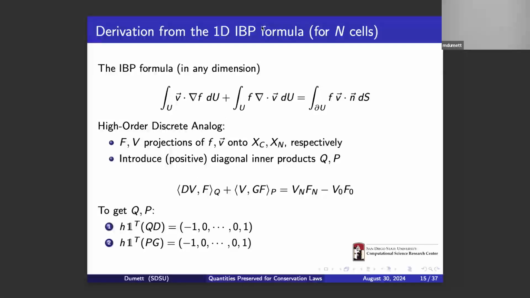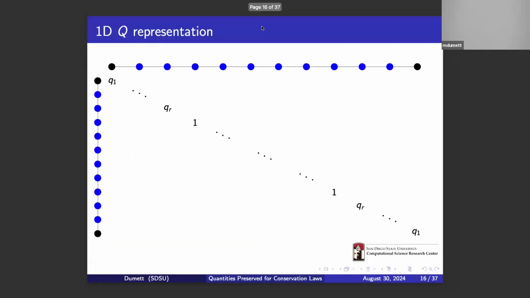showing conservation. So again, for the representation for Q, you could demonstrate that this is the representation. It has ones from a certain point to a certain point, and then near the boundary you have positive coefficients, and here the symmetric values. Okay.